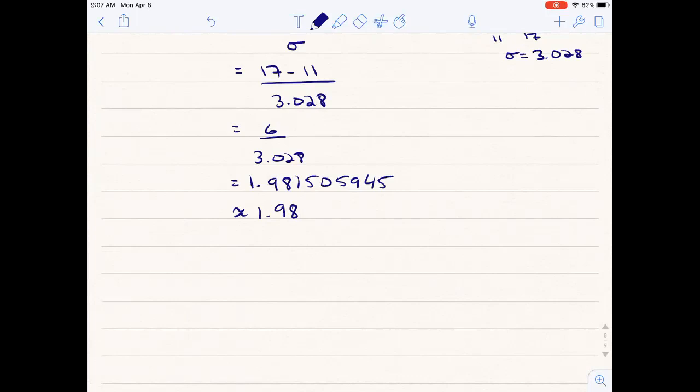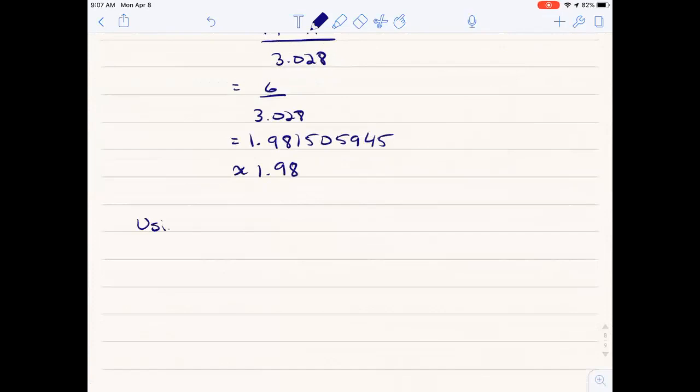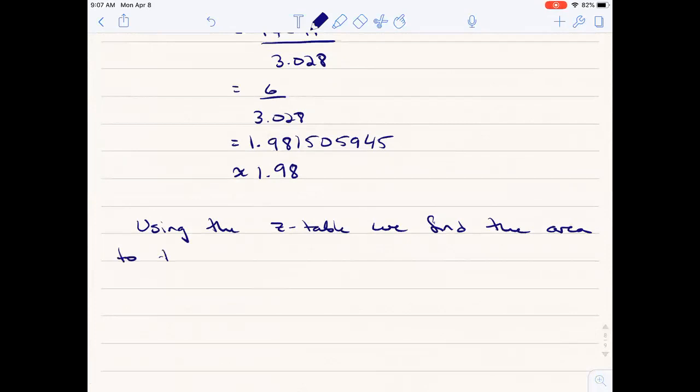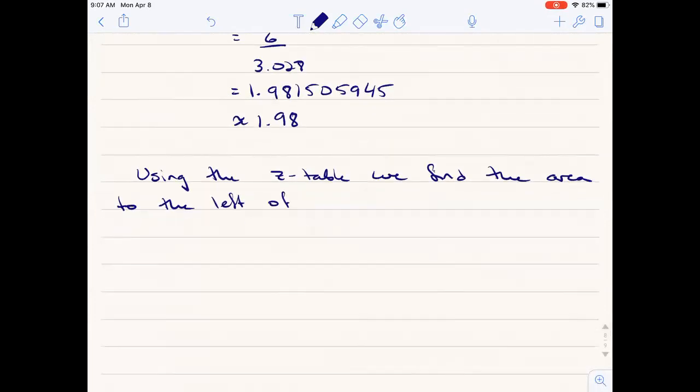So now we can use the Z table. Using the Z table, we find the area to the left. We always start with the area to the left, and then if we want the area to the right, we have to find it after. Z equal to 1.98 is positive, so we have to be on the positive side.